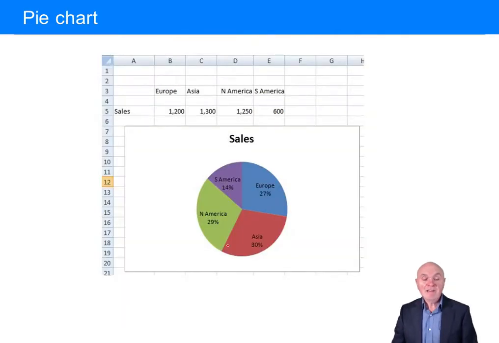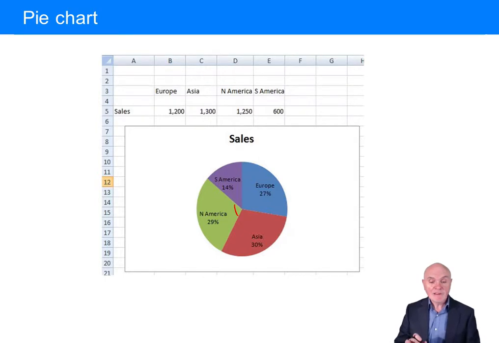Pie charts are particularly good at showing how a total is made up, the proportions in a total. So here we have 4 sales areas in the world: Europe, Asia, North America, South America. Here we have the sales. You put them into a pie chart like this, where the angle of the slice of the pie is related to the sales, related to the variable here.